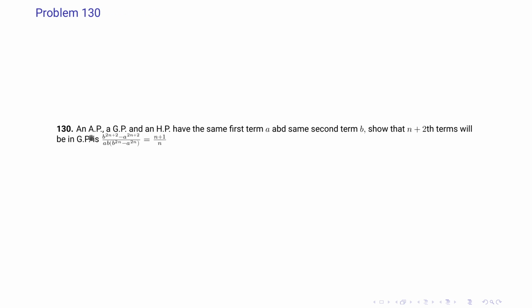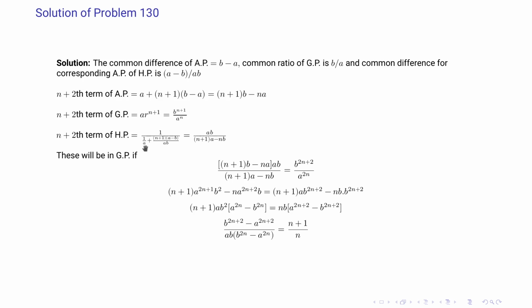Problem 130 says that if an AP, a GP and an HP have the same first term a, and same second term b, then the n plus 2th terms will be in GP if b to the power 2n plus 2 minus a to the power 2n plus 2 divided by ab multiplied with b to the power 2n minus a to the power 2n is equal to n plus 1 by n.